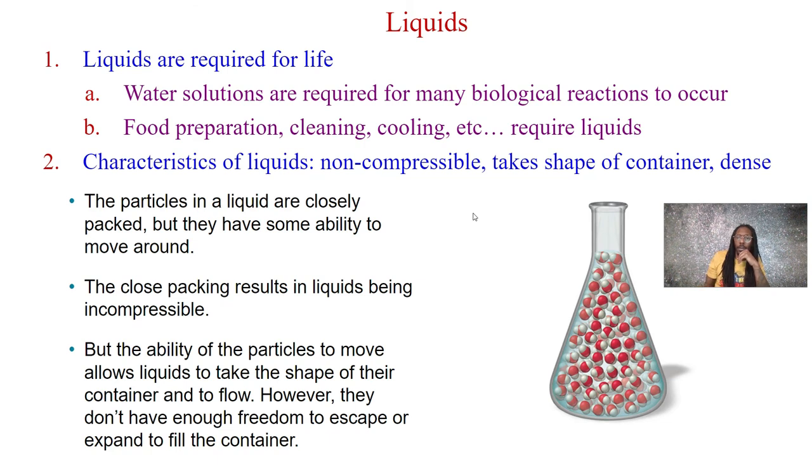Now, unlike gases, just because they are close and compact together, they're not as compressible, depending on how hard you try. But usually they're really incompressible. We have to remember they're different from gases. The reason being, they don't have that freedom like gases.